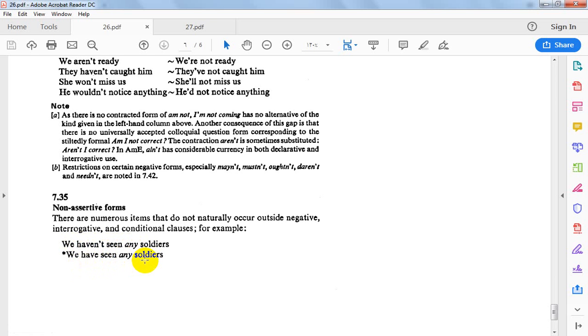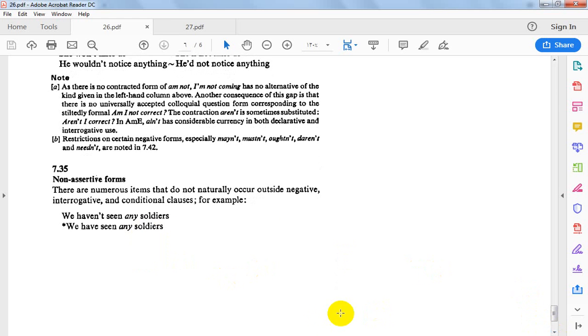Clear? So keep in mind, if you transform the sentence from positive to negative, you should change what needs changing. All the non-assertive forms should be adopted. Yeah. What else?